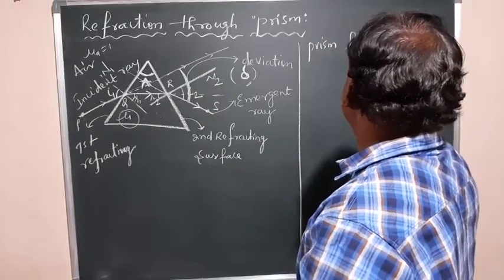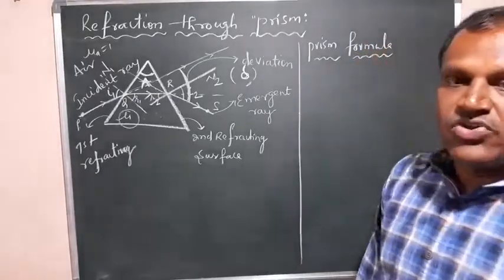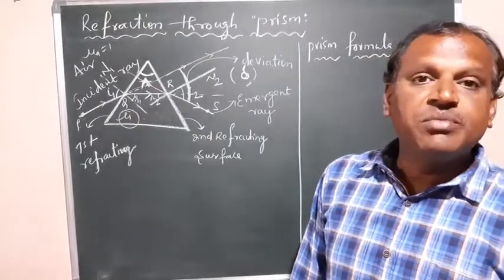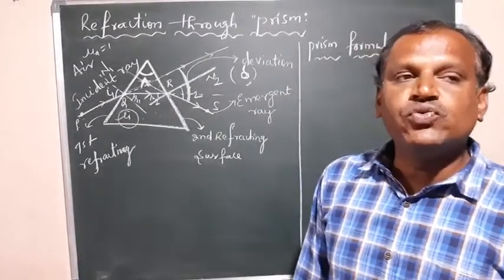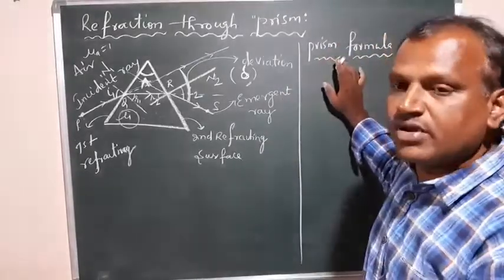So the prism formula is the relation between the refractive index of the glass prism, the angle of prism and the angle of minimum deviation. Between these three variables, we have an equation which is known as the prism formula.